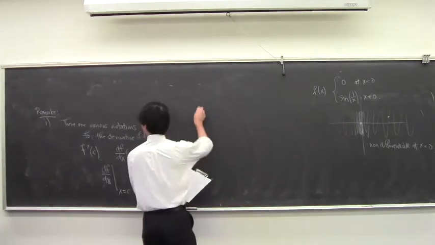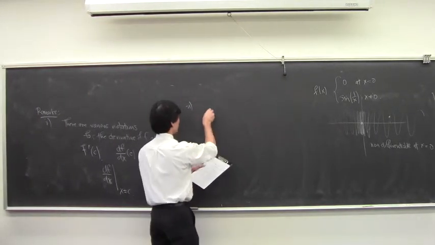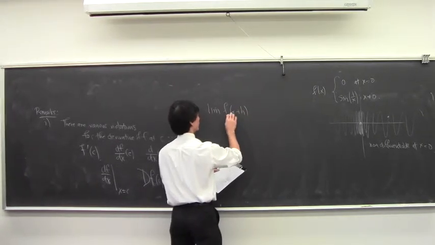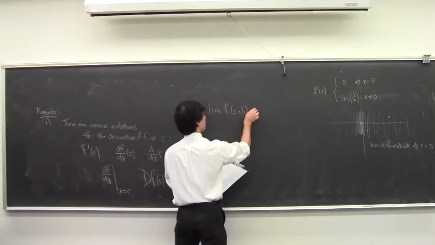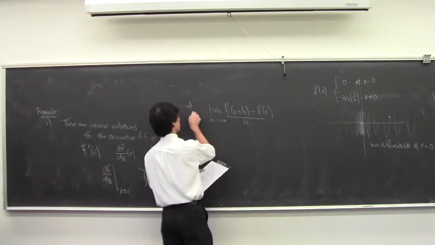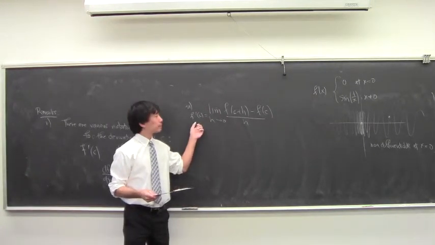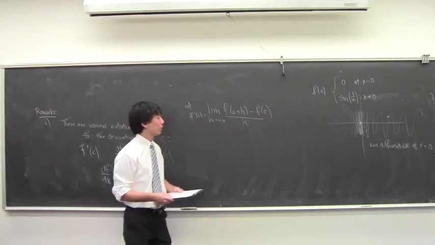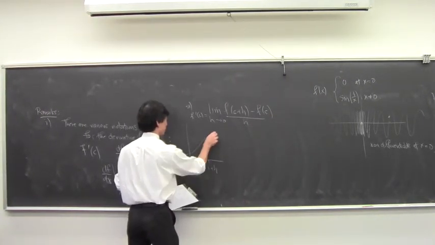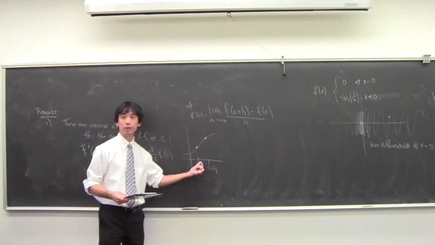The second remark is that if we look at f of c plus h minus f of c over h as h approaches 0, this is the derivative at c. You have some point c, you look at c plus h, and you let h go to 0.